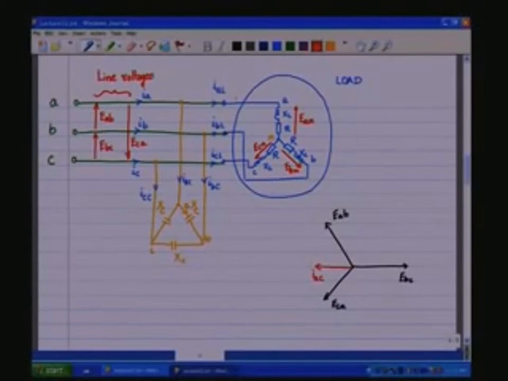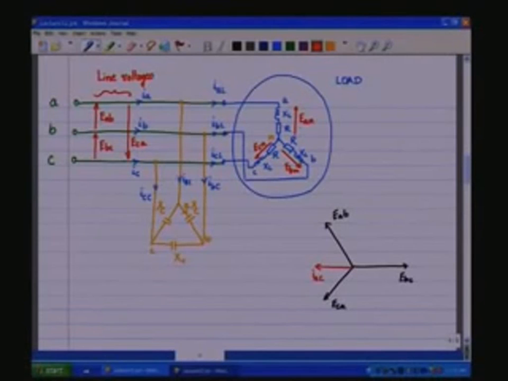Now, if you look back to this particular diagram here, IAL is the line current of the load side, the machine side, and IAL is passing through an inductive network, and it is a star network, and that is going to lag the phase voltages of this network.